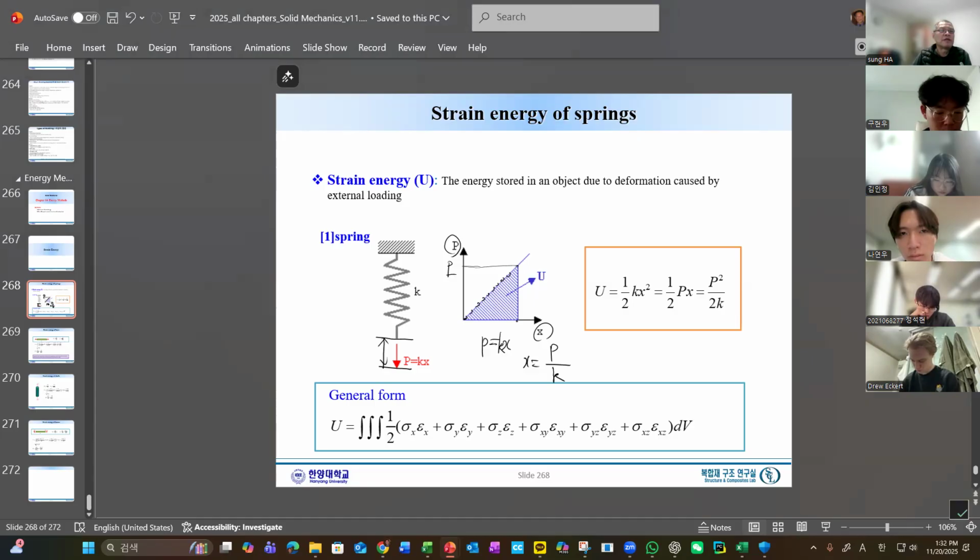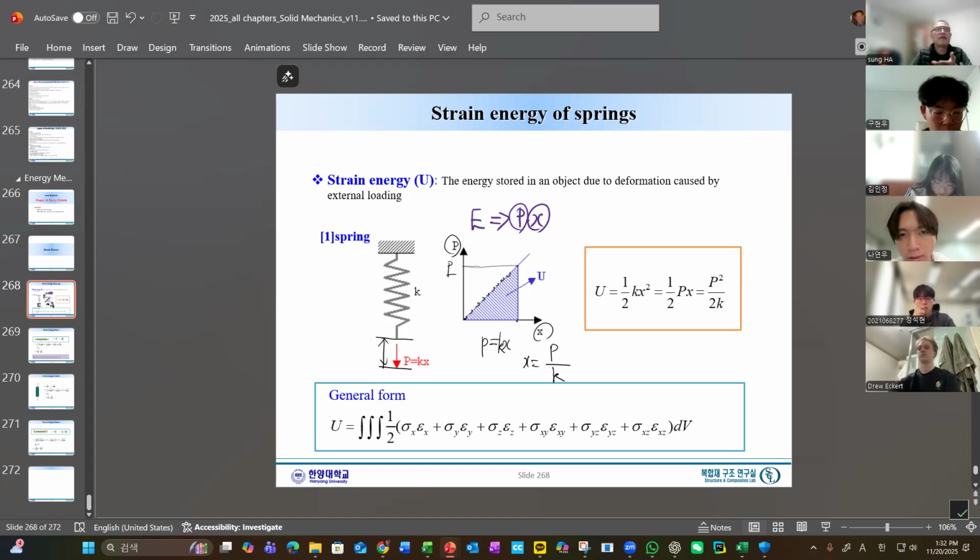So we already know that the energy is always force times x. This we know relates to energy. So always force and a certain distance.